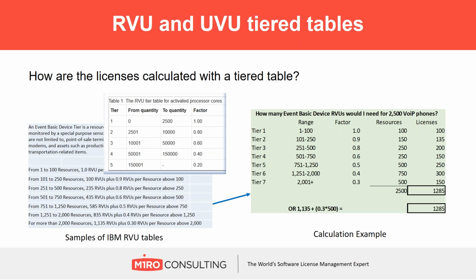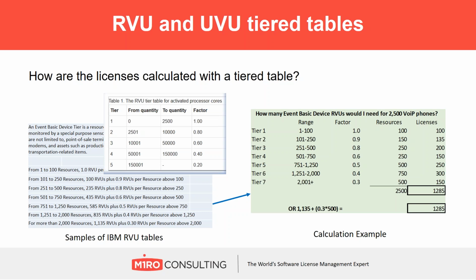Okay, and there's just a quick look at IBM's tiered tables, because it looks like it's an easy table to use, but you don't just go to your number and then multiply everything by that factor. The tiered table works in that you have to fill up each tier before you move on to the next one.